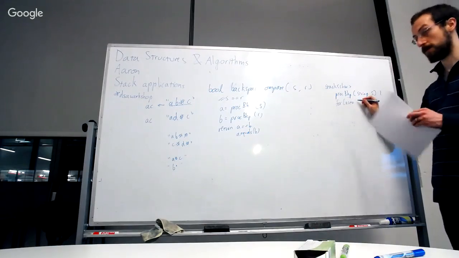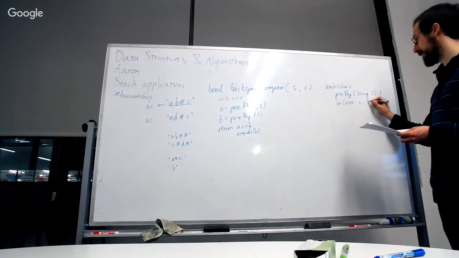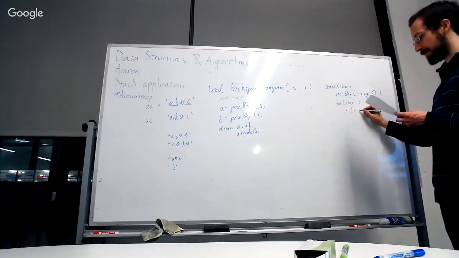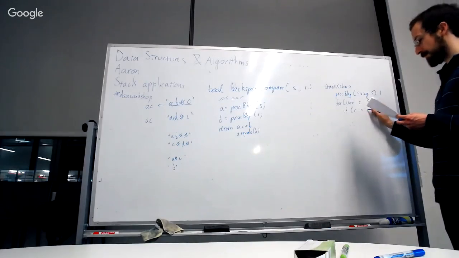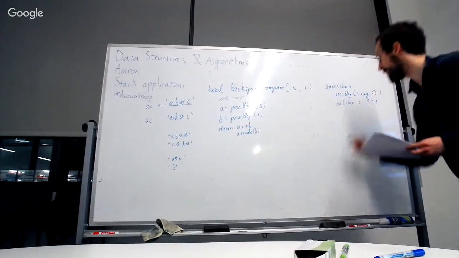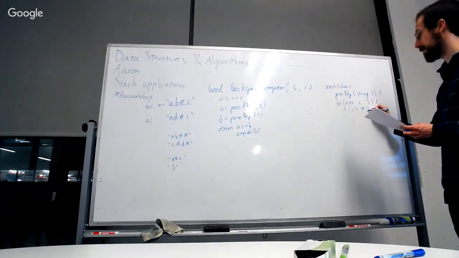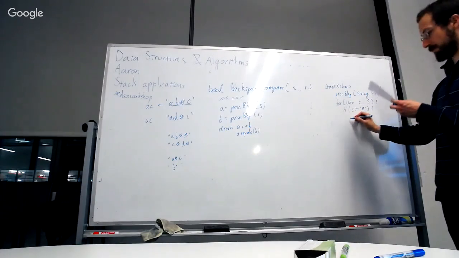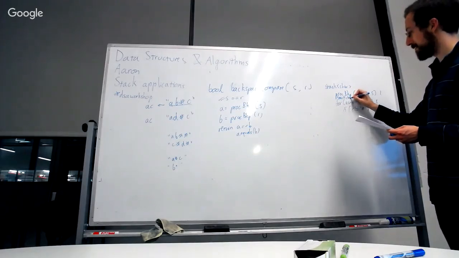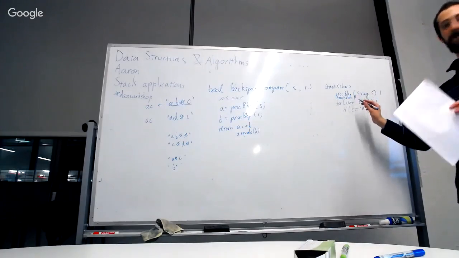Auto is sort of like var, which I think is present in many languages. But basically, for every character in the string, if the character is not a hash, I'm declaring a stack of char P at the top of this function.